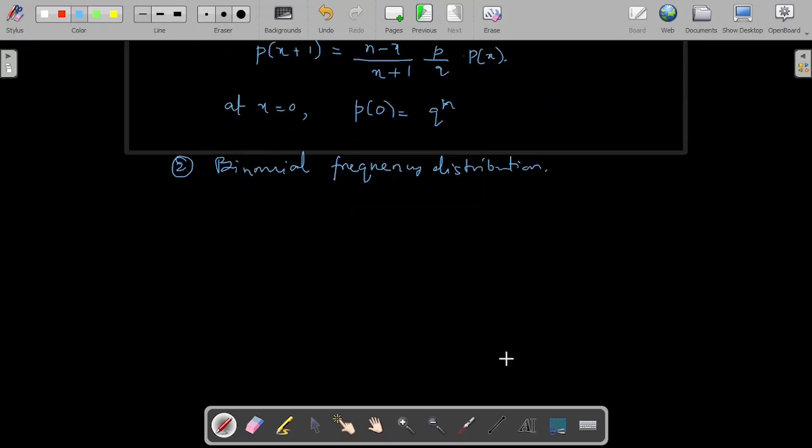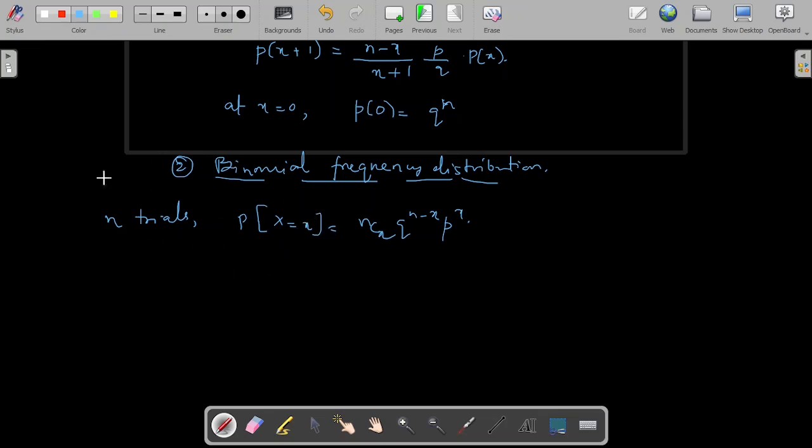If you have a random experiment with n trials, then the probability of x successes is given by nCx into q to the power n minus x into p to the power x, where x is the number of successes.